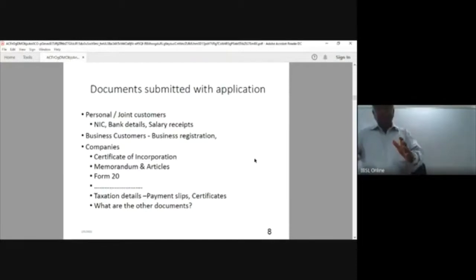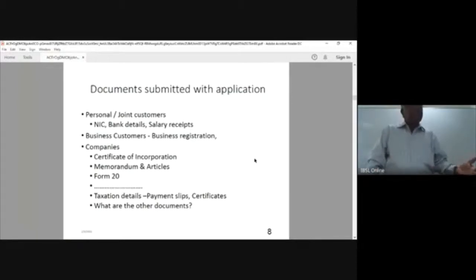In the case of personal or joint customers, NIC, National Identity Card, then bank details, salary receipts, you have to submit.